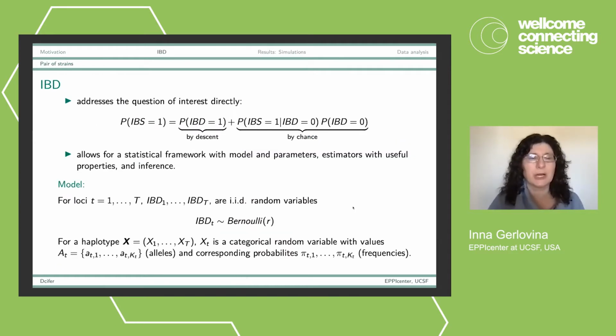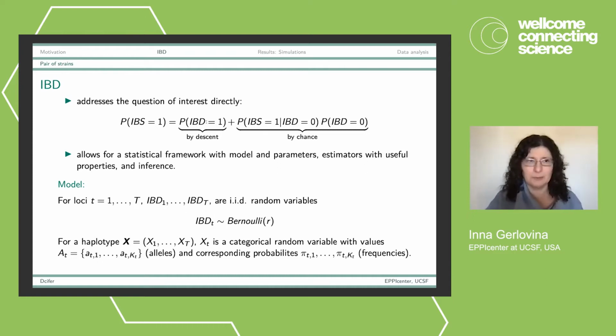I'm going to start with identity by descent with just a pair of strains. So IBD gets to the question of interest. And a quick reminder is that two alleles could be the same, either by chance or by descent. And descent is what we are interested in. And it also allows for a statistical framework with models, parameters, estimators, and all the inference and all the good stuff.